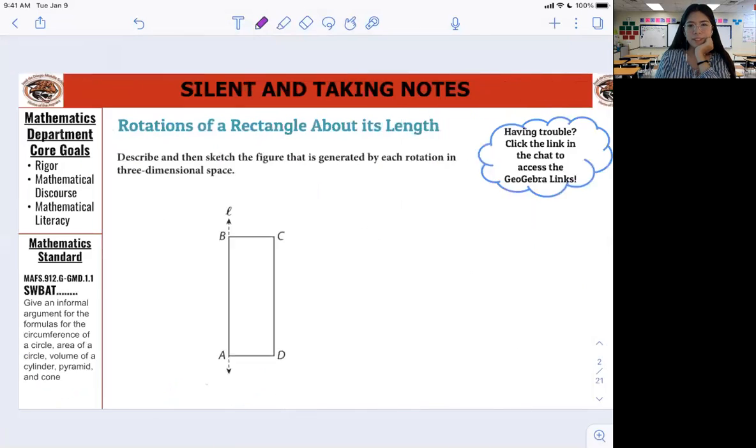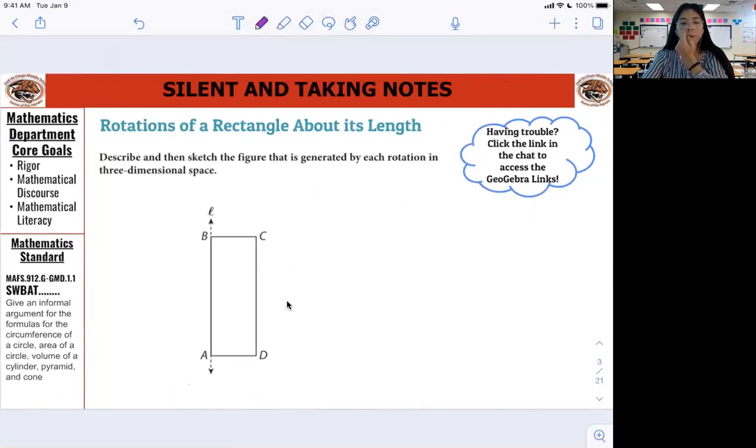Okay, let's check this one out. So now, before you click the link, see if you can think of in your head what's gonna happen when you rotate a rectangle around and around. What's gonna happen? What are some predictions?